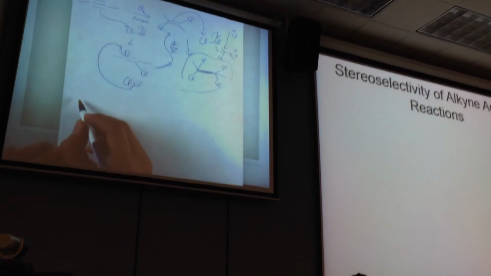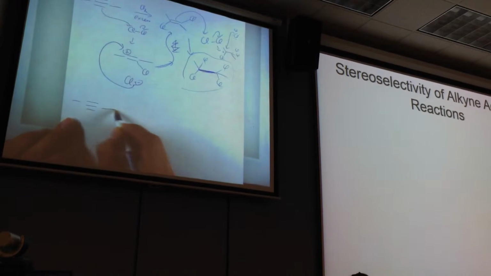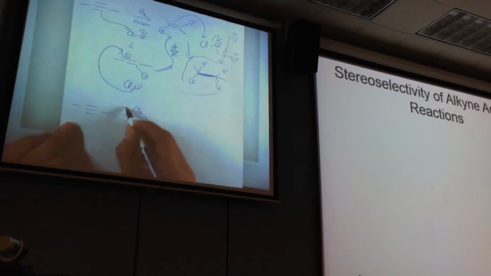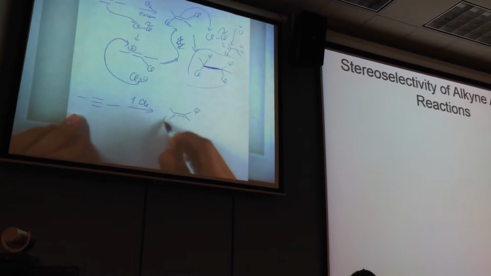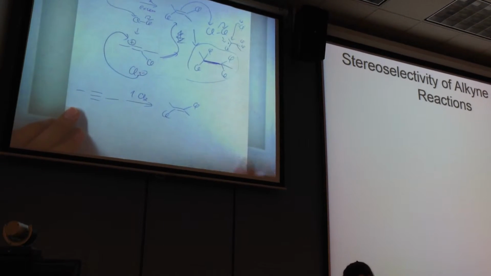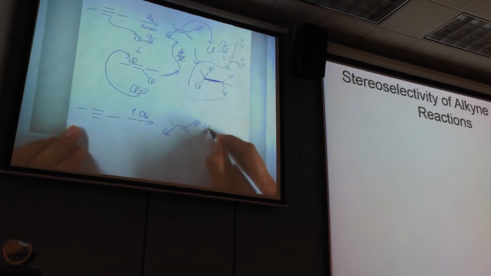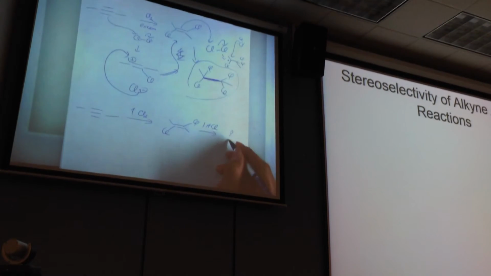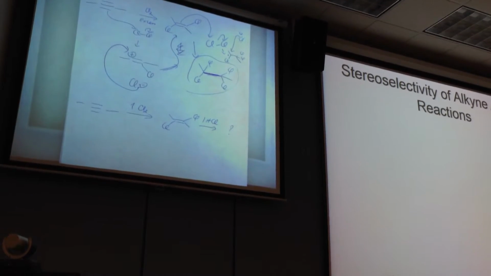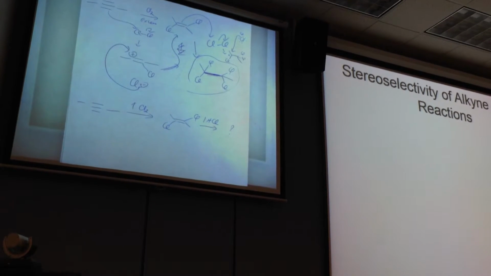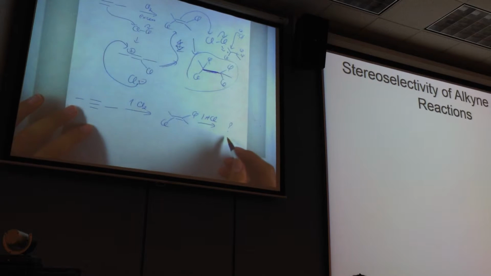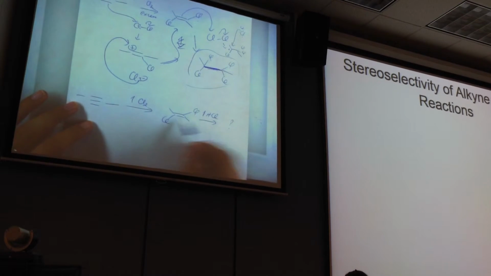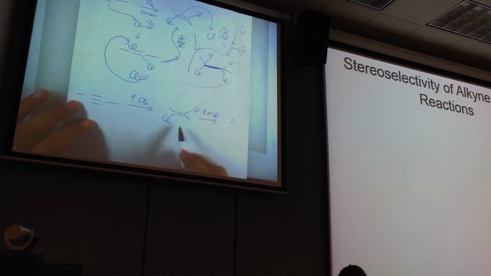But if I were to split this, say Cl2, only 1 mole, right? I get ClCl, right? And then you treat it with 1 mole of HCl. The question is, do we make any asymmetric centers or not? Anybody? People say yes. Do we know what this is? Does anybody recognize this reaction? Here and here?